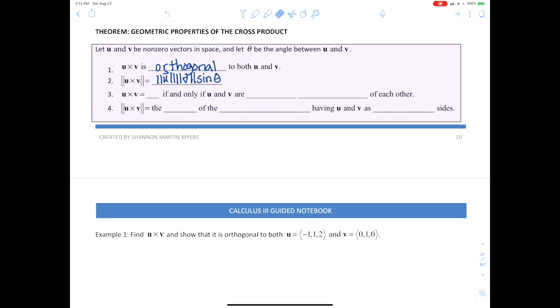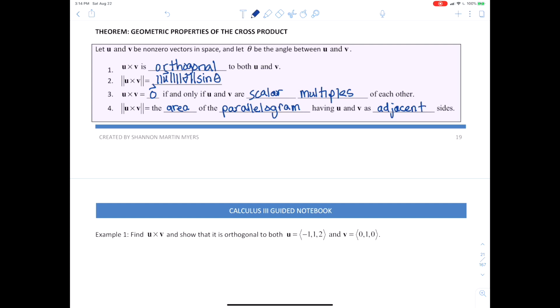And U cross V is equal to the zero vector if and only if U and V are scalar multiples of each other. And the magnitude of U cross V is equal to the area of the parallelogram having U and V as adjacent sides. Cool, cool, huh?